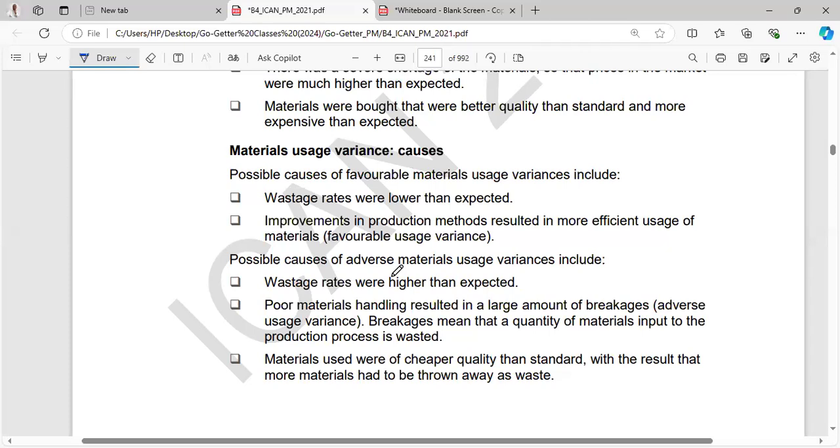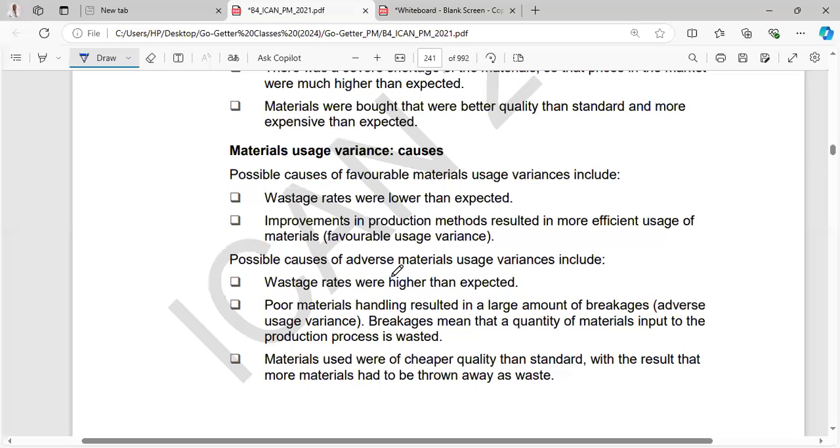Then it could also be that there is improvement in production methods, which results in efficient use of materials. Maybe instead of using amateur, semi-skilled people, you now brought people that are highly skilled, that manage your material so well because they have been trained.